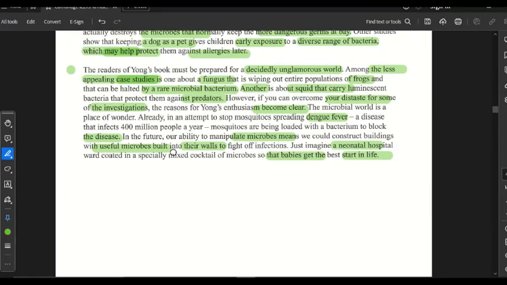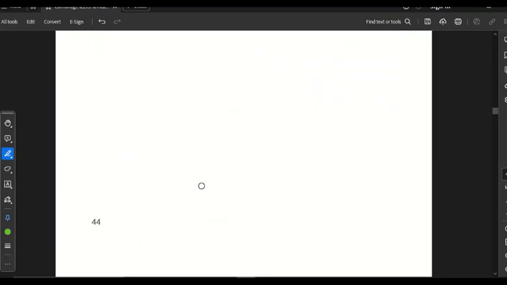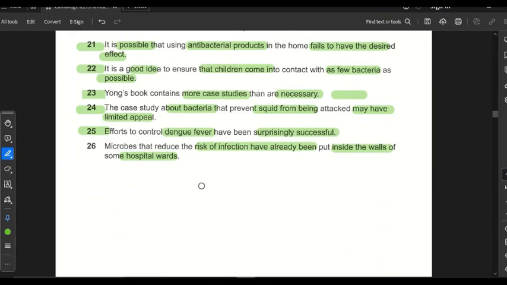No. It said in the future, our ability to control means we could build. So this one is in the future, not currently. So this one is a no.